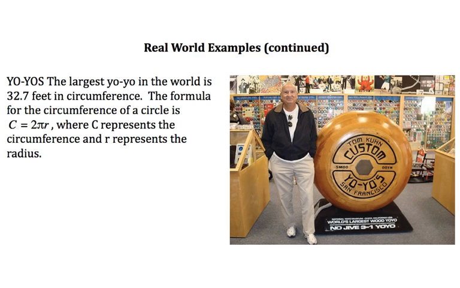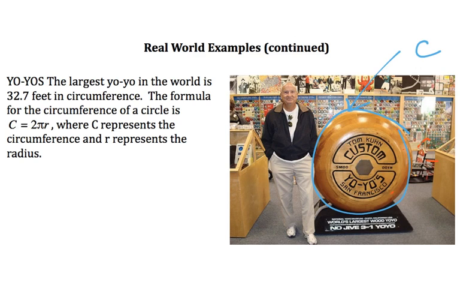Now, this kind gentleman who didn't mind me stealing his stock photo is visiting the largest yo-yo on Earth, I guess. Some people say largest, I say most large, apparently. It's 32.7 feet in circumference. What that means is that we can trace around this and label that with a capital C. Your image is black and white, so you might want to trace around it and then draw a little arrow or something with a capital C there.